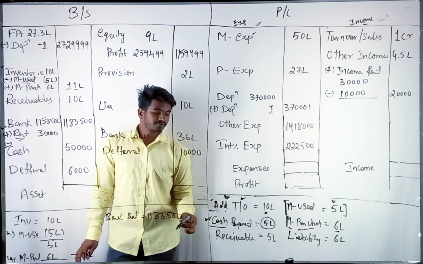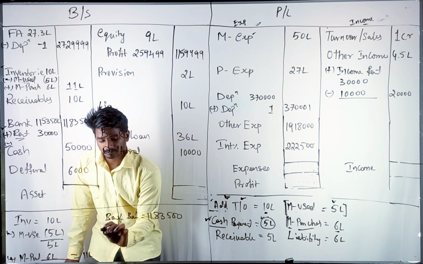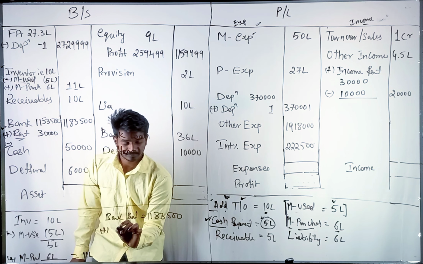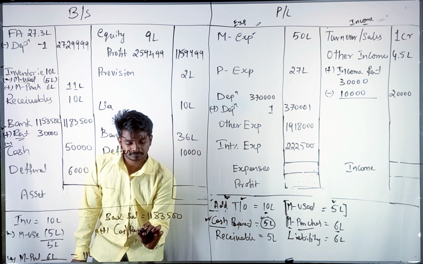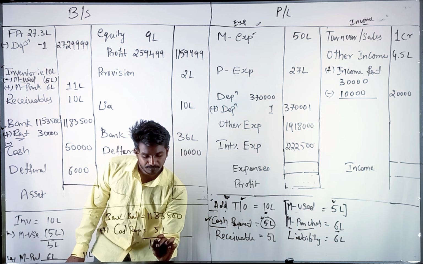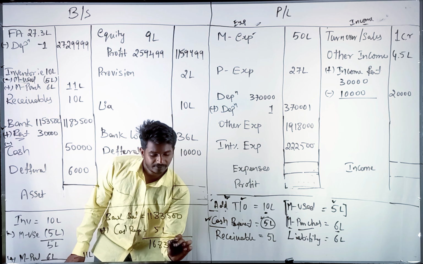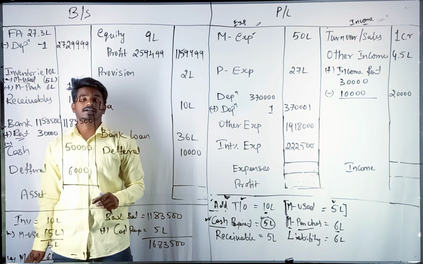If we receive 5 lakh rupees payment, bank balance increases. Is that correct? Cash payment 5 lakh rupees. If we add, it comes out 16,83,500.